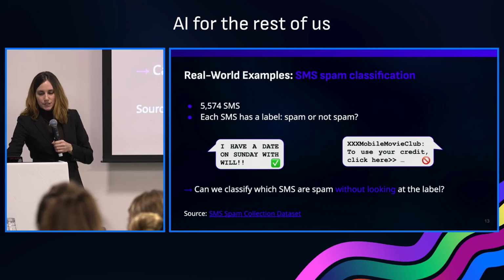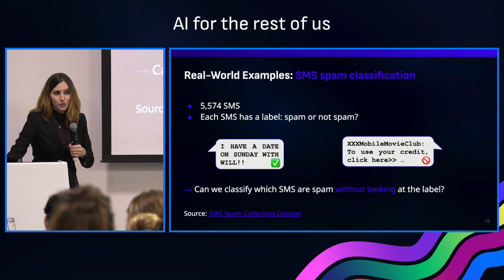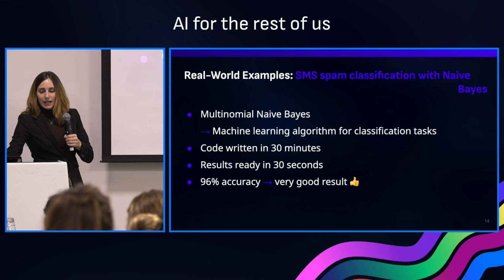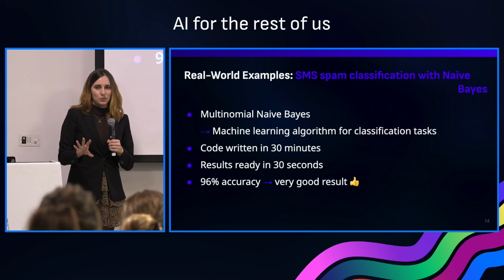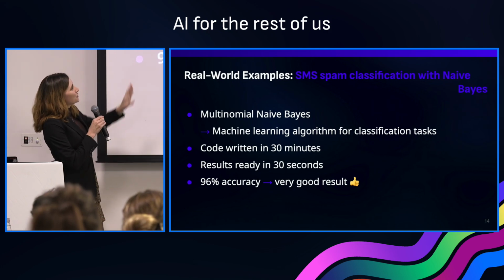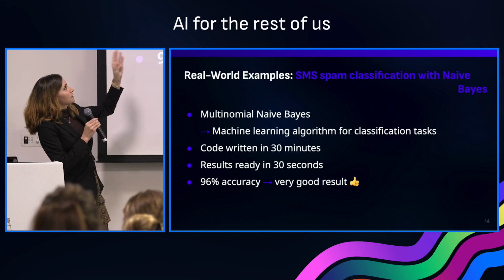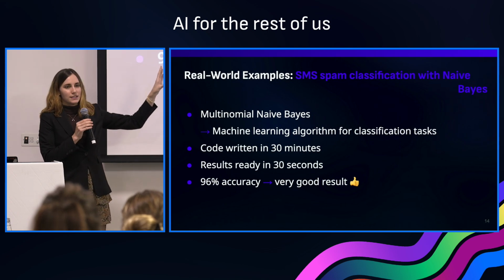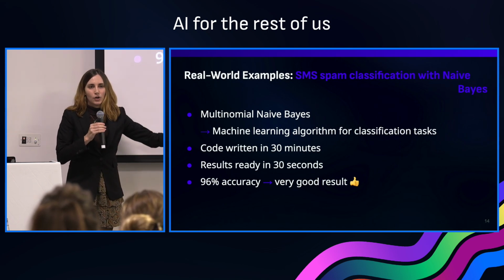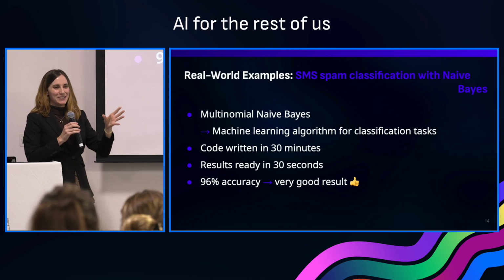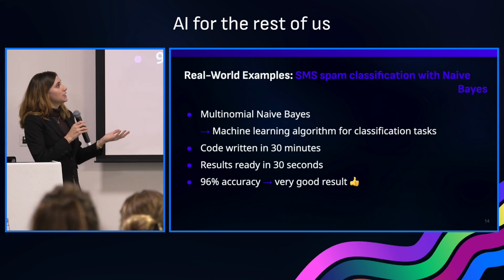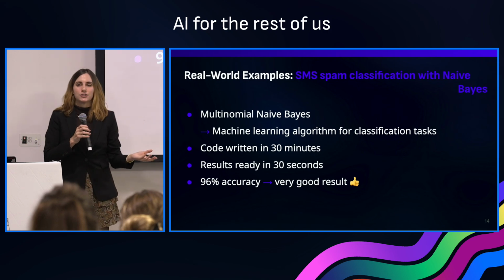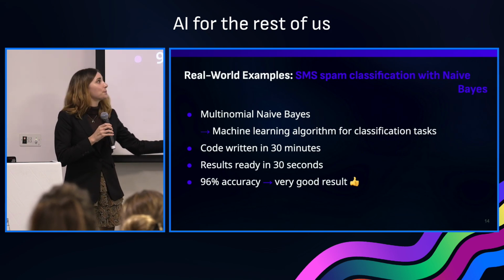So I first did this at home, trying to solve this problem, right? And there are a couple of words on here which do not matter too much, but I still want to use them. So what I used to solve this is a so-called multinomial naive Bayes classifier. You can read this and then forget about it again. What I want to let you know, though, is it's just an old and very popular machine learning algorithm for classification tasks, so exactly what we need for this.